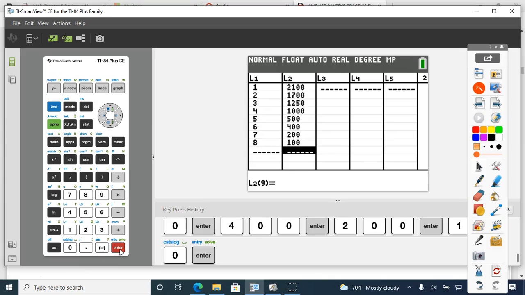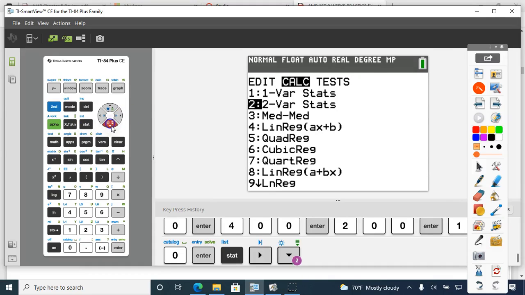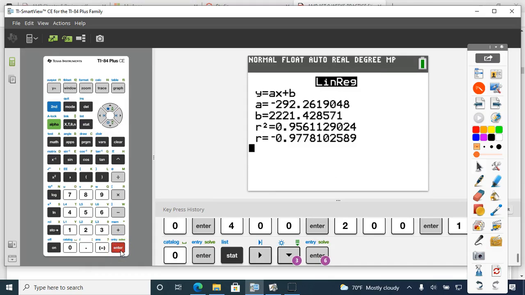the correct answer, okay? Now, to get our equation and our R, we're going to go back to stat, go over to calc, and go down to lin reg. That's linear regression, okay? Hit enter until it gets to calculate, and there is your equation.